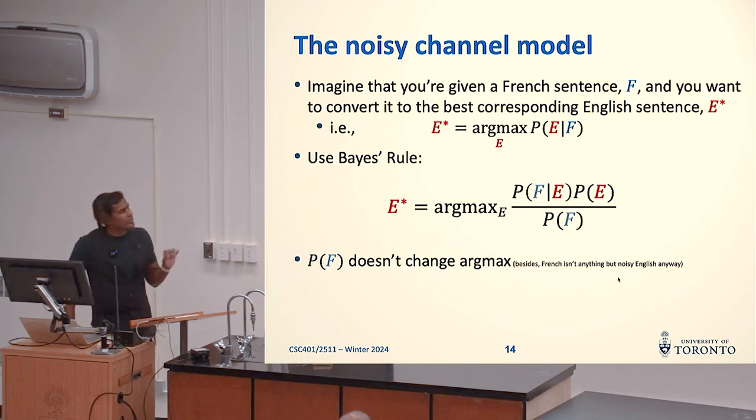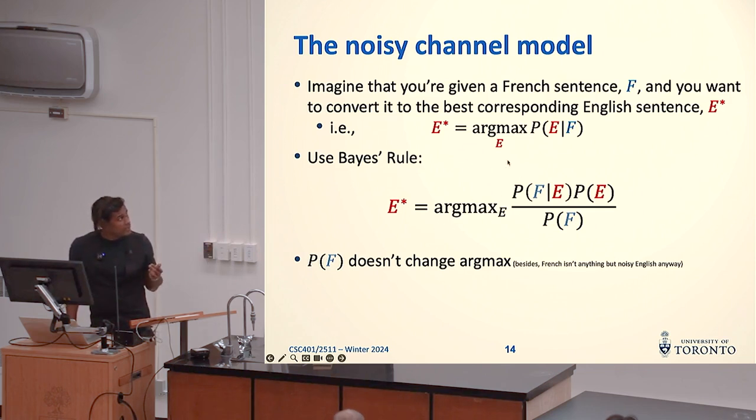When I first saw this noisy channel, it was a little bit confusing, because if English is our target language, we're really looking for this guy here. We're given some French and we just want to get English, okay? But in order to follow the noisy channel, we need to use the Bayes formula.